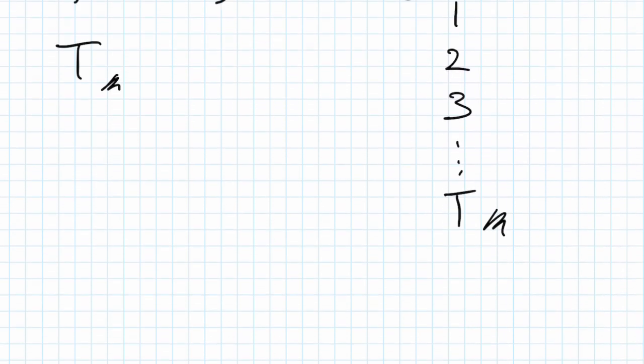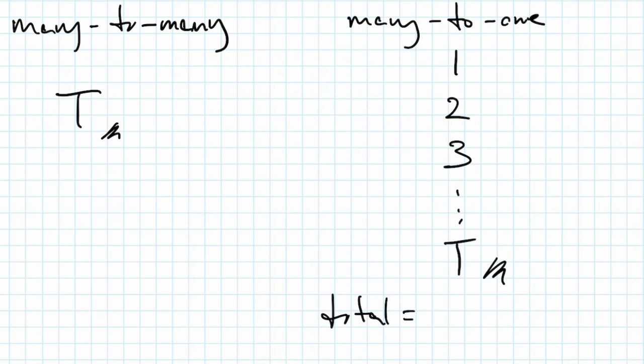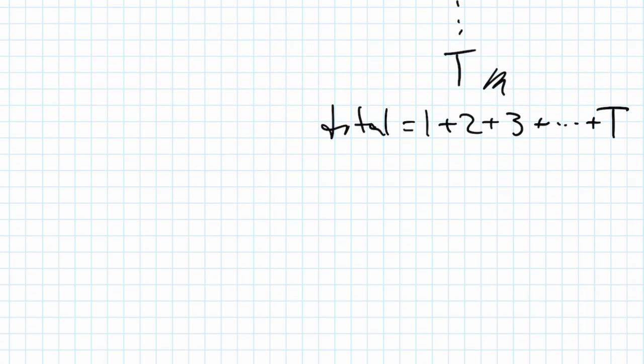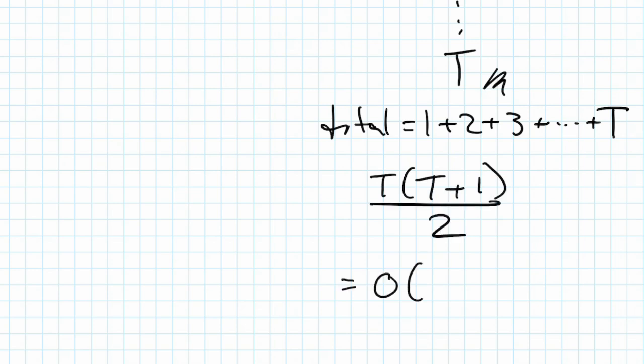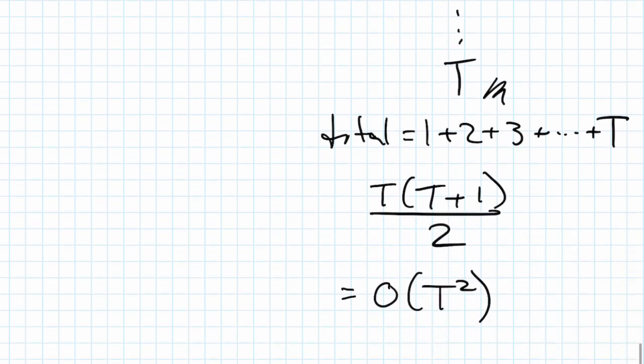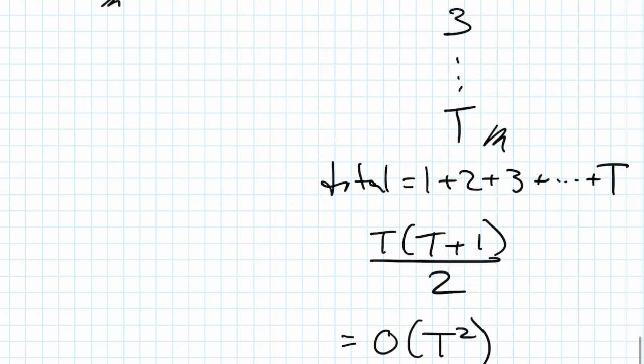And so the total time is 1 plus 2 plus 3 plus up to T. I think they do this example in high school maybe, what is the formula for this? I believe it's something like T times T plus 1 over 2. Okay, but this is O of T squared, meaning it's quadratic. And so for a model like transformers, which are already quadratic in T, it becomes even worse.